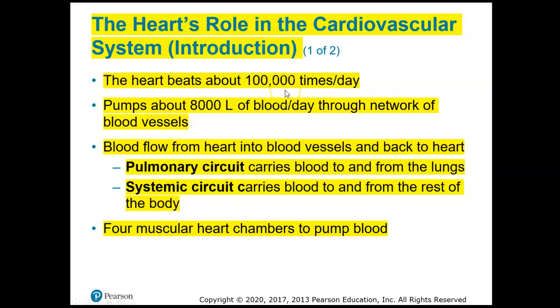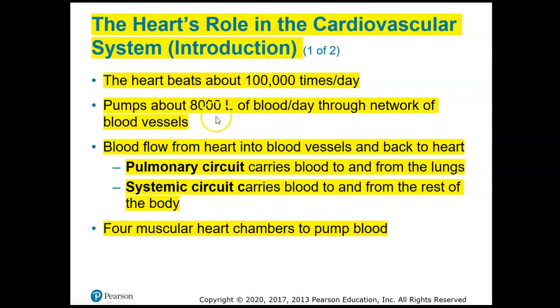The heart beats about 100,000 times a day and pumps about 8,000 liters of blood per day through the blood vessels that are connected to the heart and the cardiovascular system. If you think about that, 8,000 liters of blood, think about a 2-liter drink.